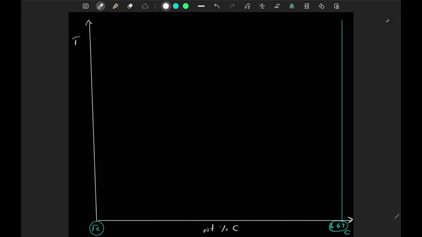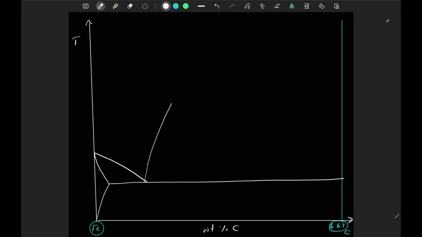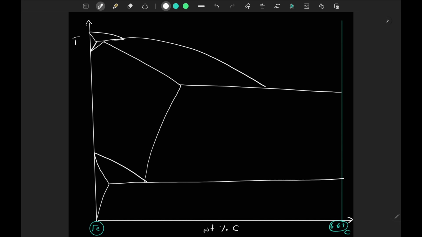Now let me draw the outline of the diagram. So this is the basic outline of the diagram.